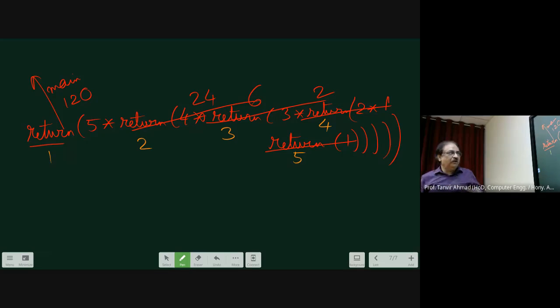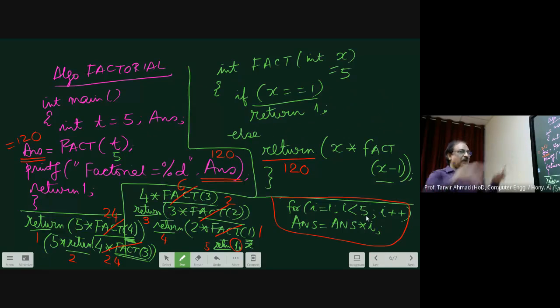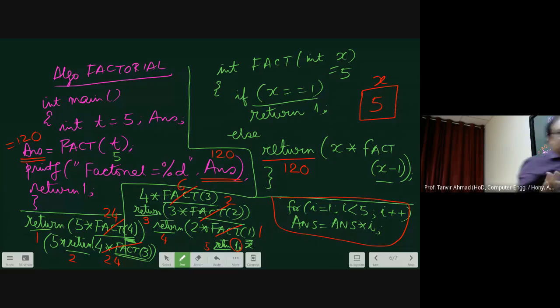Okay. Now, if you understood this, one thing which is very important I want to ask you: where was I storing the value of 5, 4, 3, 2, 1? Once I write this program, there is only one variable x, which contains the value 5 initially.